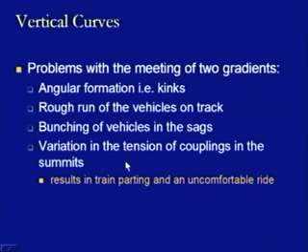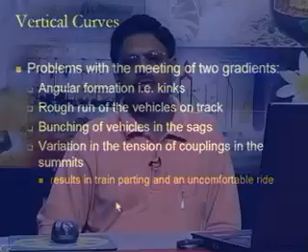This variation may be there depending on how many wagons are there on one side of this summit as compared to the other side of the summit, and it may result in the train parting or it may result in an uncomfortable ride. So, these are the two things which may happen.